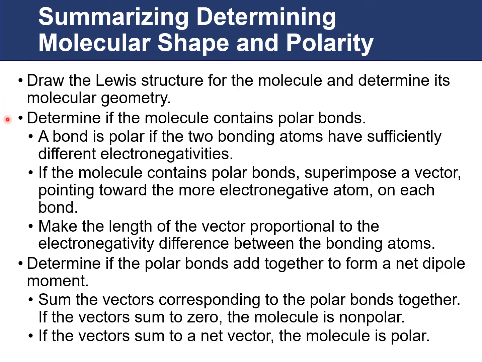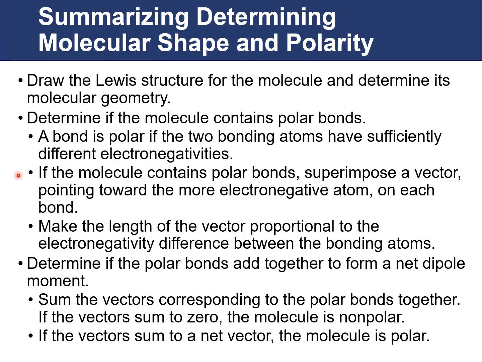Determine if the molecule contains polar bonds. If there are no polar bonds, then the molecule itself cannot be polar. A bond is polar if the two bonding atoms have sufficiently different electronegativities such that the electrons will spend more of their time around one atom than the other.